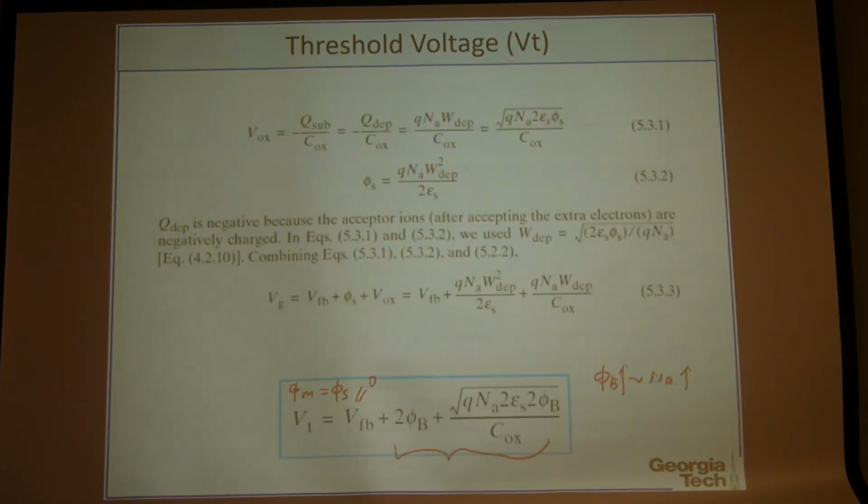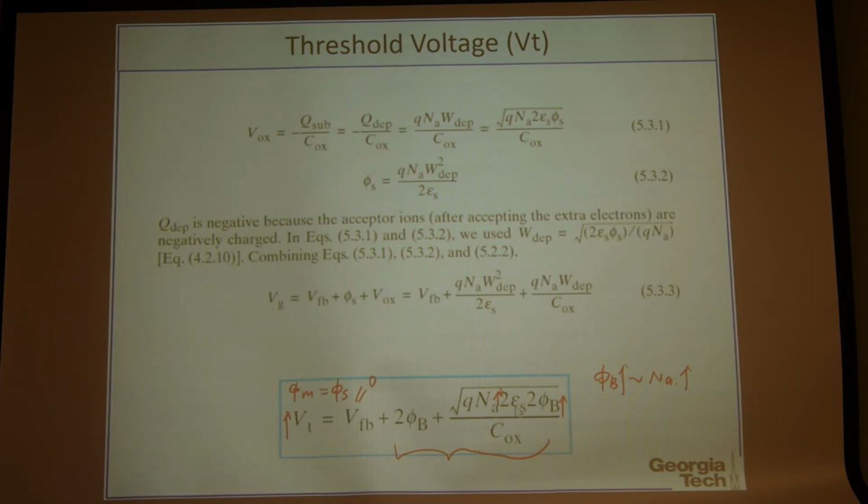So here higher NA, larger phi B, and also here NA is shown. So that means larger NA, larger phi B, larger NA. So all the terms here go up, and your threshold voltage will go up.